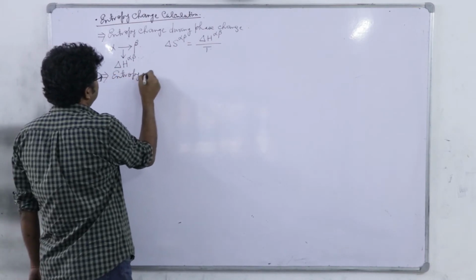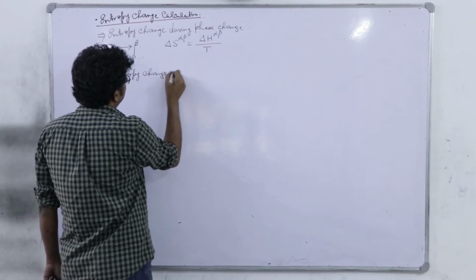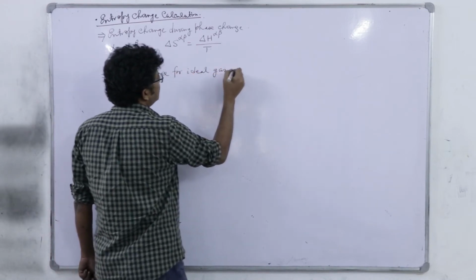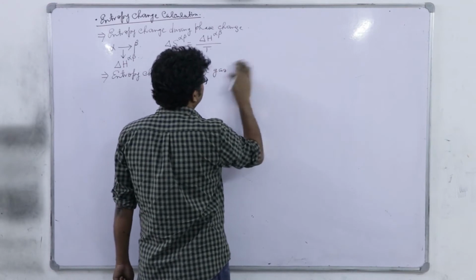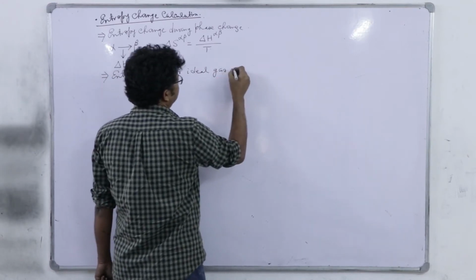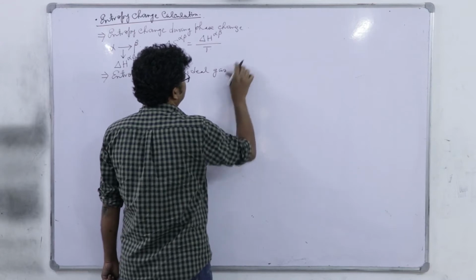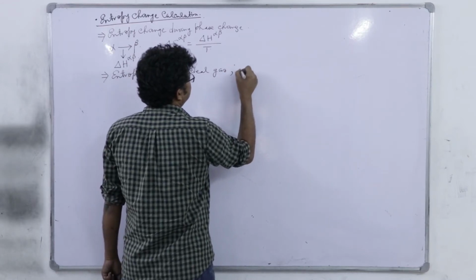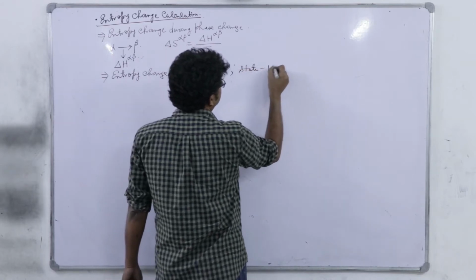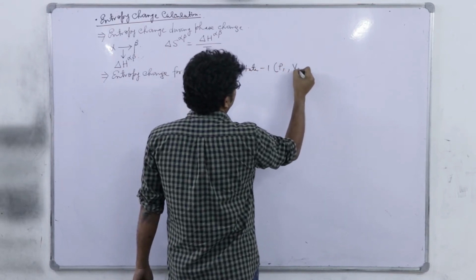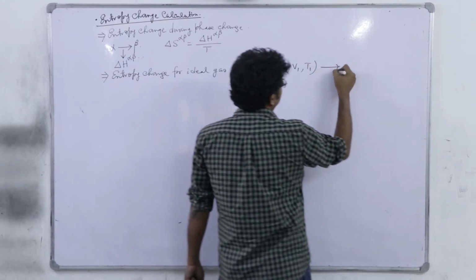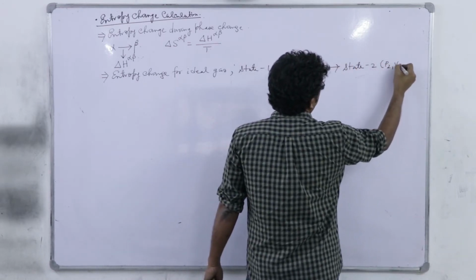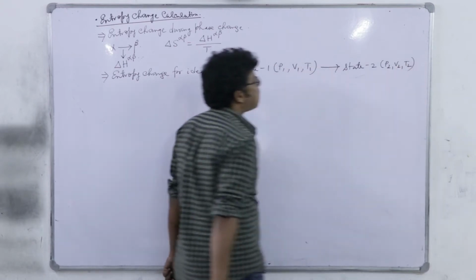Okay. Next, entropy change for ideal gas. For entropy change for ideal gas, state 1 P1 V1 T1 is changing to state 2 P2 V2 T2.